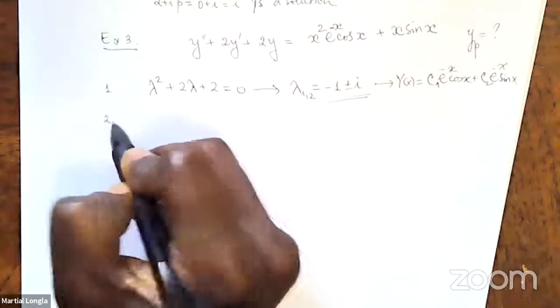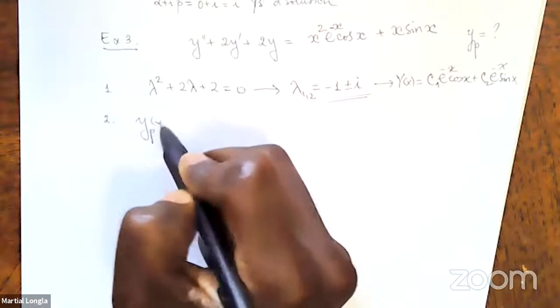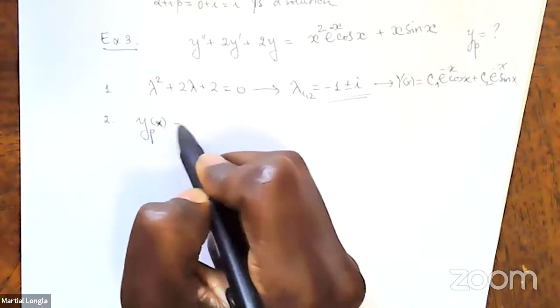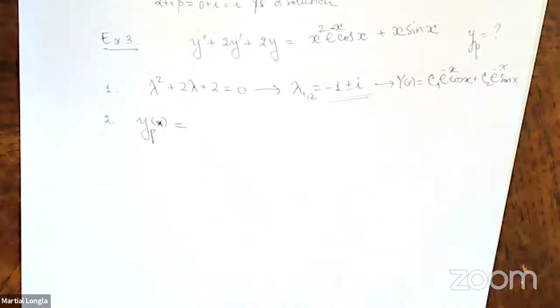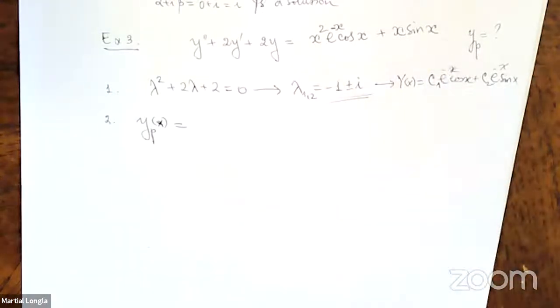Then you go to step 2 where you want to get yp of x, a particular solution of this equation. And again, you look at that right-hand side. How many pieces do you have for the right-hand side? 2. And those pieces depend on the alphas that you get.